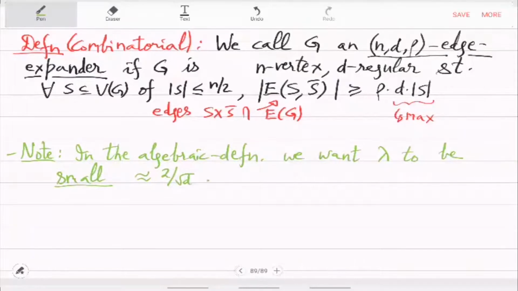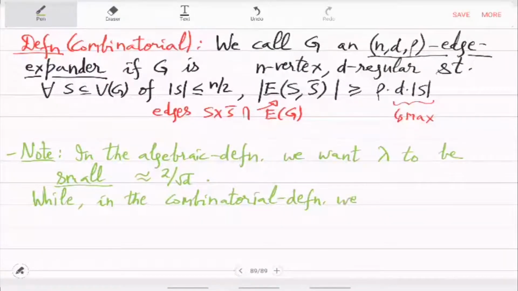While in the combinatorial definition, we want rho to be large.